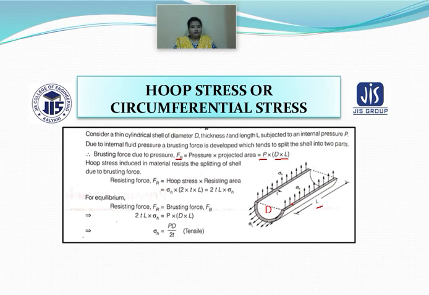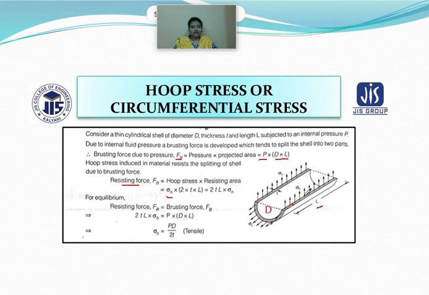All of you know that stress is the ratio of load per unit area. So if I want to calculate the resisting force represented by Fr, it is none other than hoop stress into your resisting area. So hoop stress is denoted by sigma h, I have shown you in the figure, and resisting area is what? Which portion is resisting? That portion area we need to find out.